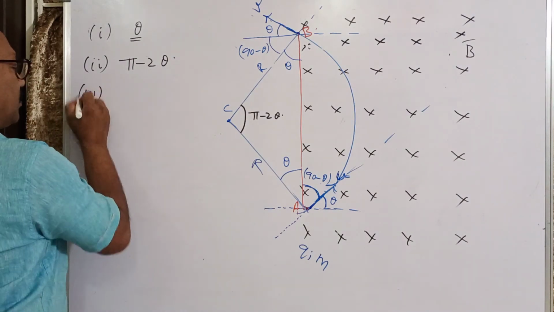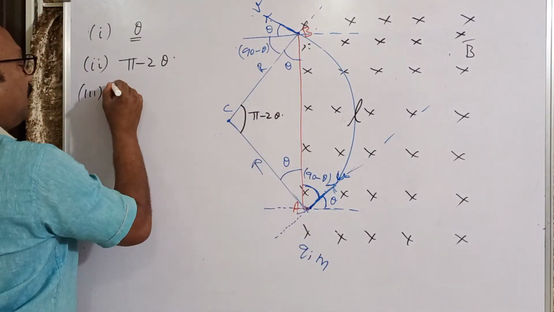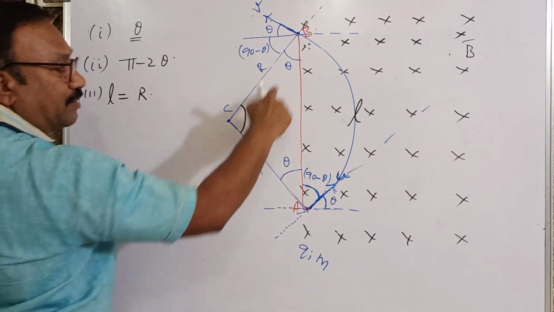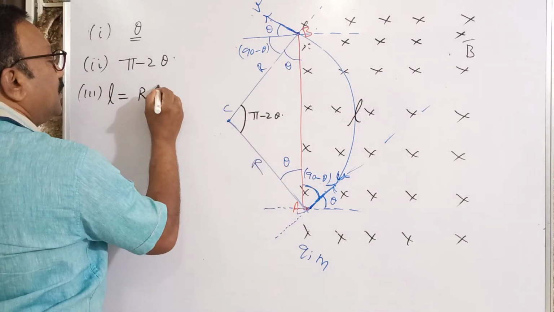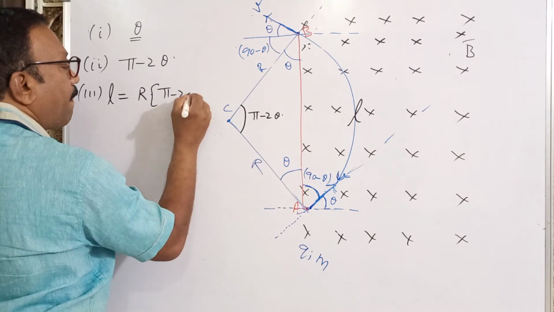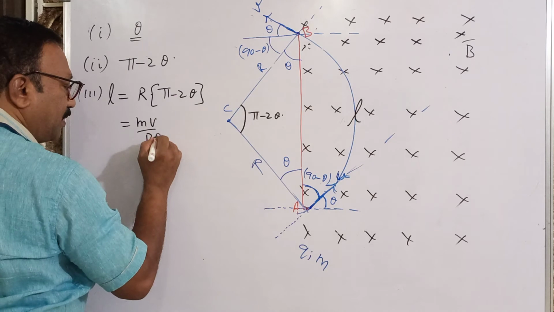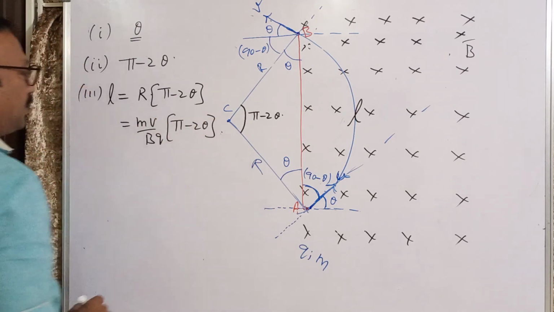Third question, what is the length of this arc? The length of the arc is equal to r into this angle. This length you want, this radius into this angle. How much is that? But what is the radius? This is mv by bq into pi minus 2 theta.